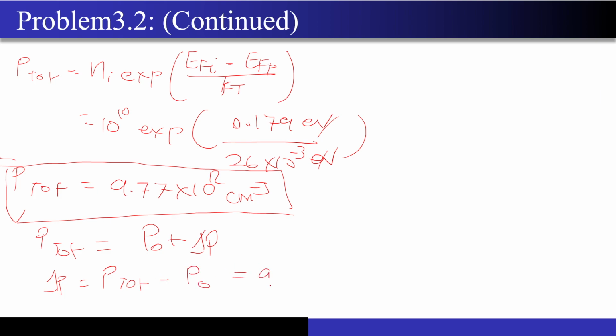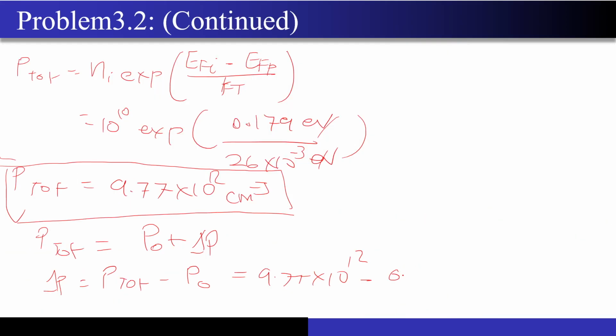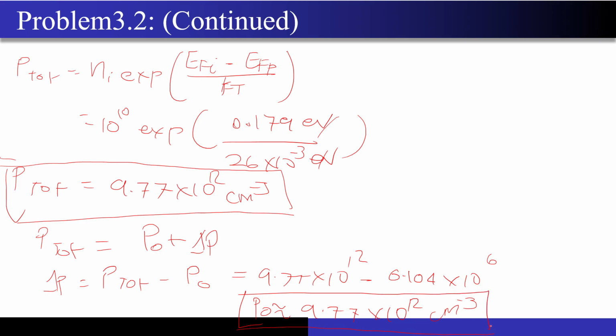So p total is 9.77 into 10 to the power 12 minus p naught, which I have already found in the last point, 0.104 into 10 to the power 6. This term is very small compared to the other term, right? So delta p will be approximately 9.77 into 10 to the power 12 per centimeter cube, right? So this is what we got, correct?